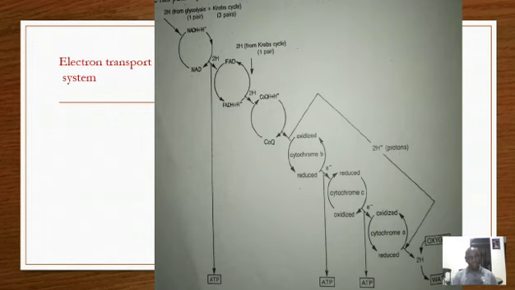Now the electrons then move along a series of electron carriers known as cytochromes. They are commonly 3.